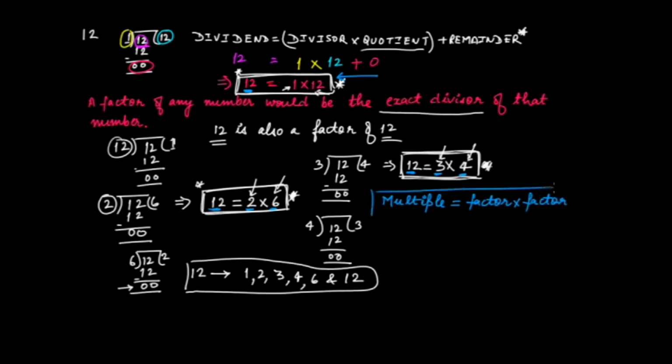Okay, a multiple would be factor multiplied by factor, because in this case 1 and 12 were the factors of 12, and therefore 12 would be the multiple of 1 and 12.